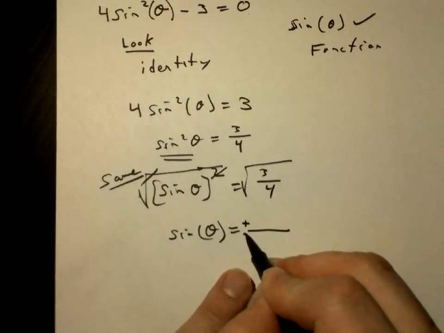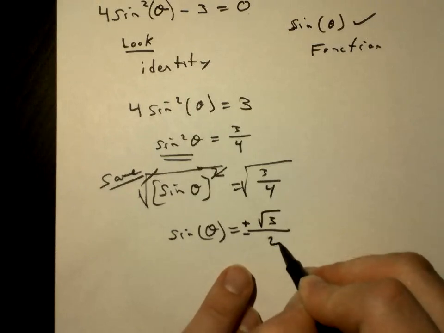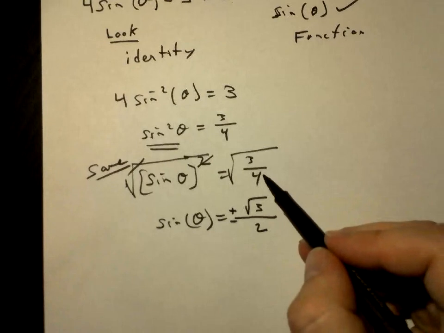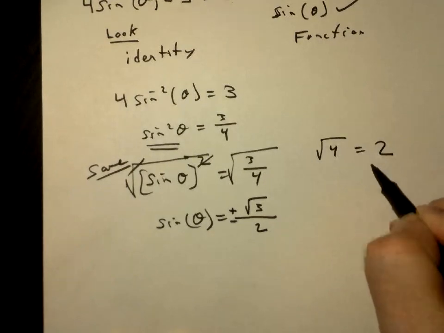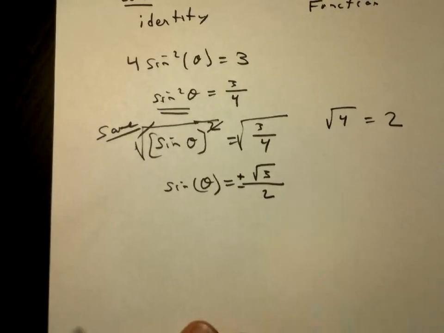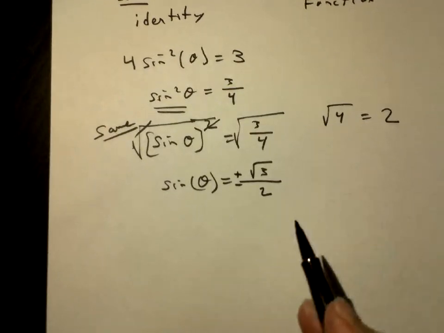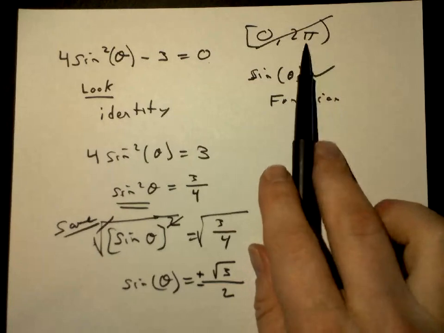And remember, this is positive and negative, the square root of 3. And if you don't mind, I'm going to make that a 2, because what's the square root of 4? Isn't that 2? And so we don't need to rationalize, but we have this, and that's good. All right, now we have to be very careful here, because I didn't give you a restriction.